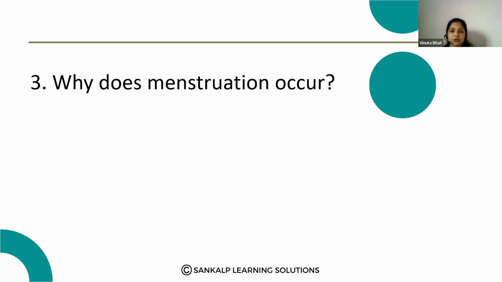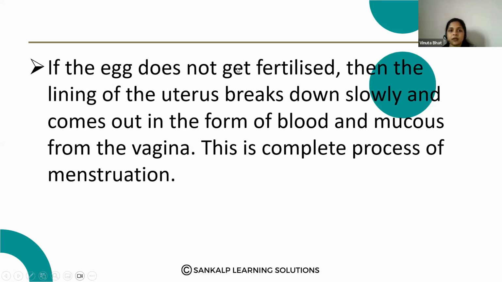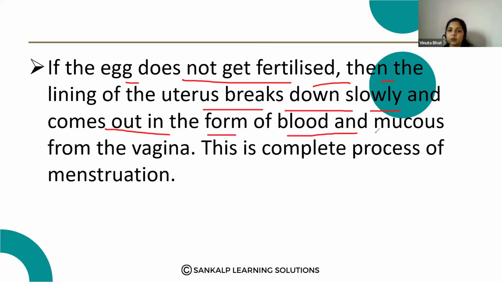Why does menstruation occur? What is the reason for menstruation? If the egg does not get fertilized, then the lining of the uterus breaks down slowly and comes out in the form of blood and mucus from the vagina.